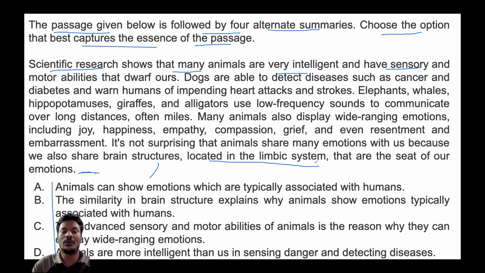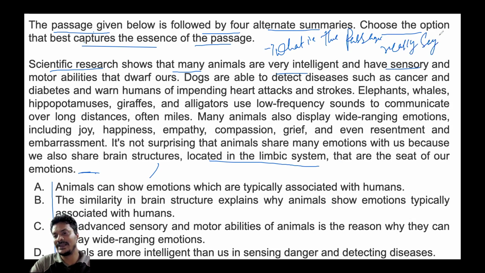So what is the passage really saying? It is not just listing animal abilities. It is giving a reason why animals show emotion like humans, isn't it? So we need to point out what the passage is really saying.